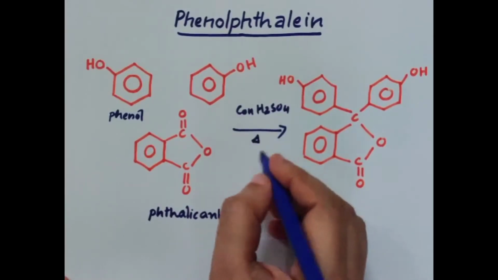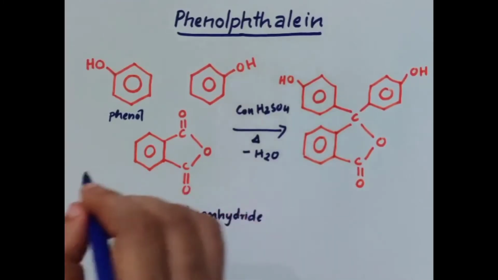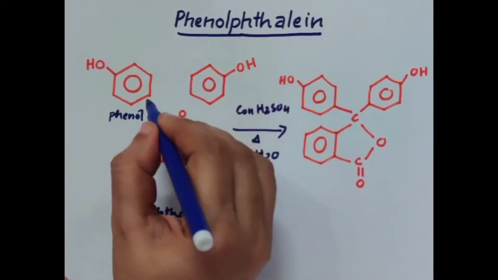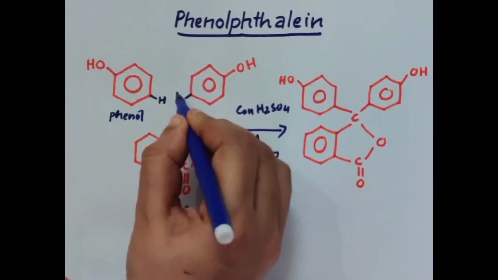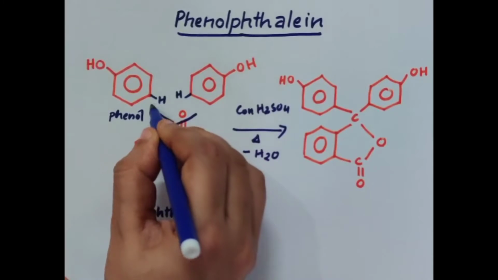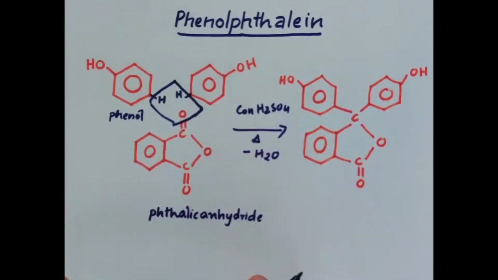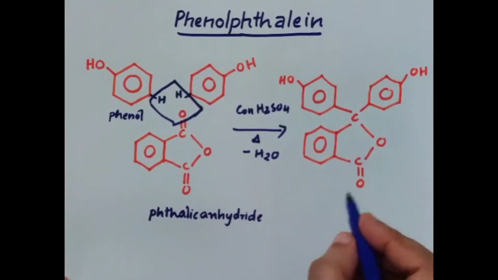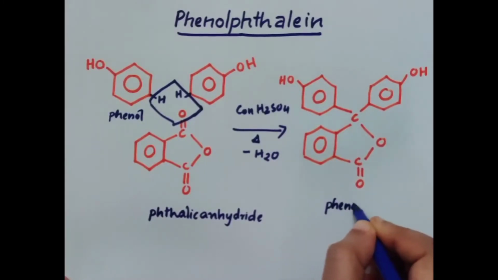It is heated, and elimination of a water molecule takes place, that is, hydrogen from here and hydrogen from here. The H2O molecule is eliminated and we get this structure, which is the structure of phenolphthalein.